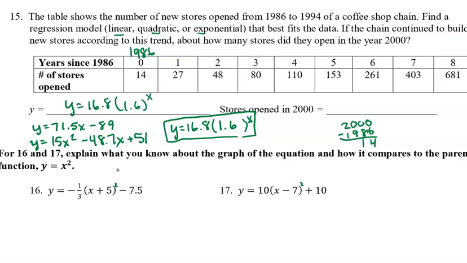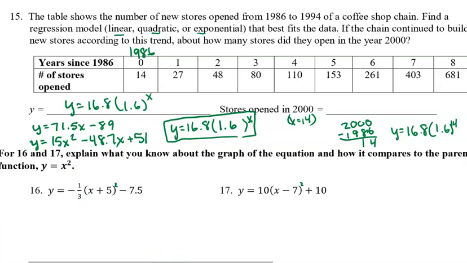The stores opened in 2000 is going to be an x value of 14. So you can plug that into the equation now. y equals 16.8, parentheses 1.6 raised to the 14th power. And you can calculate it from there.